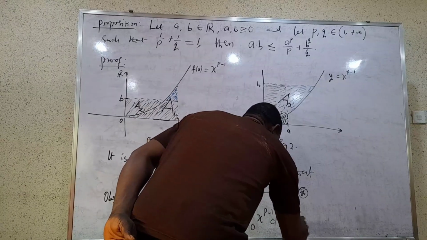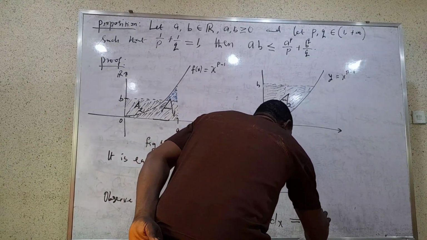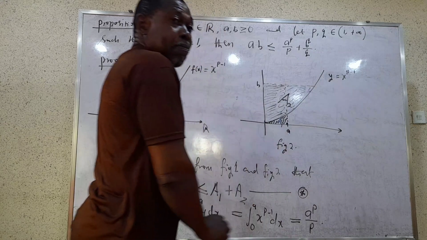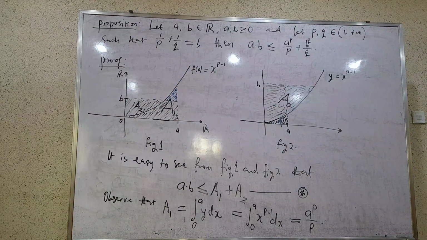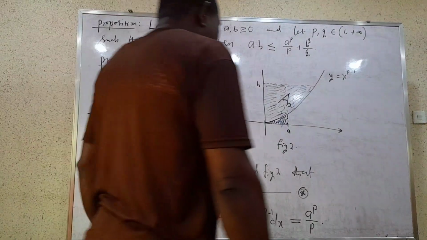And this, if evaluated, will give us a raised to power p over p. That's what we'll get.